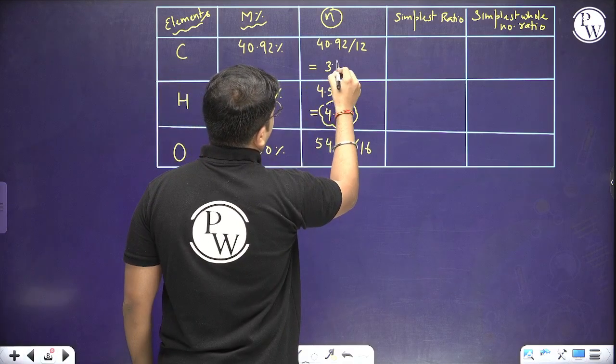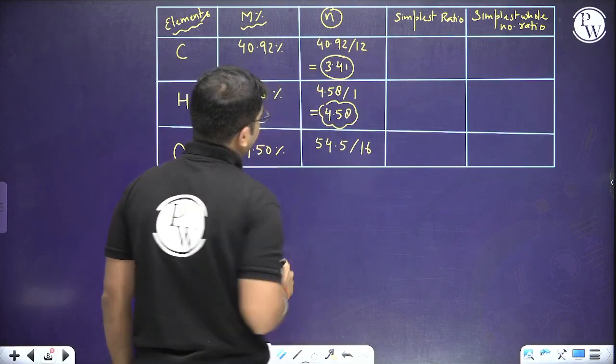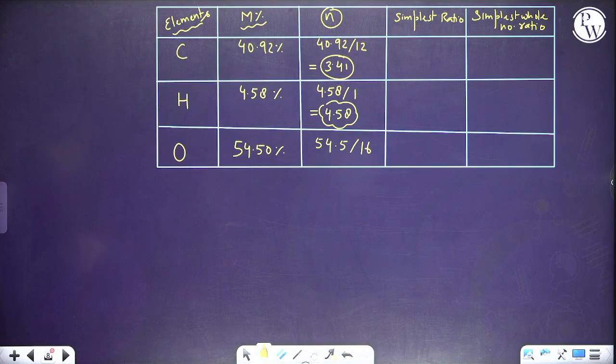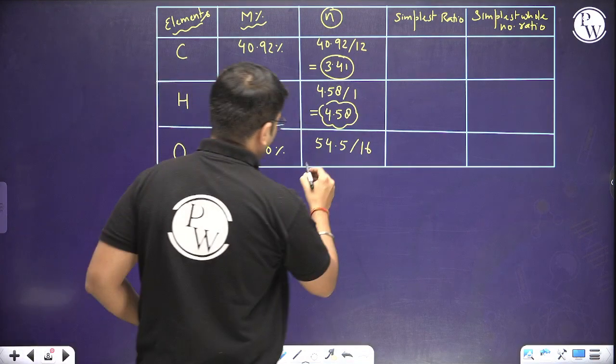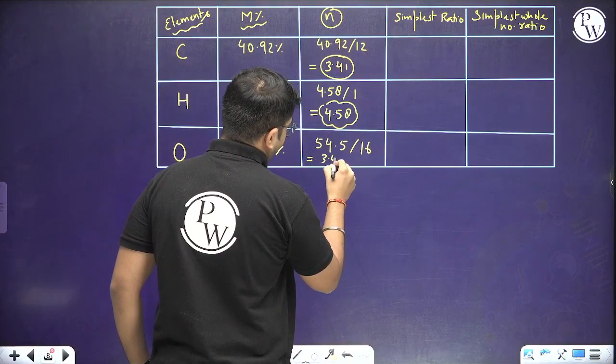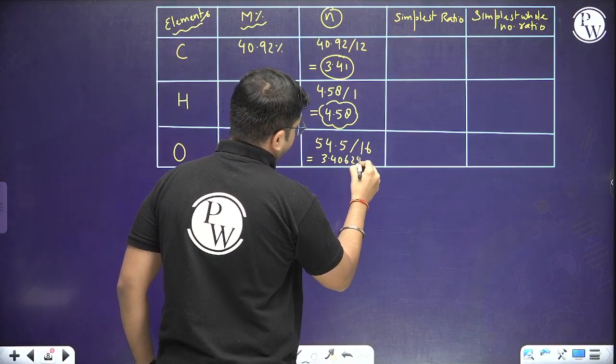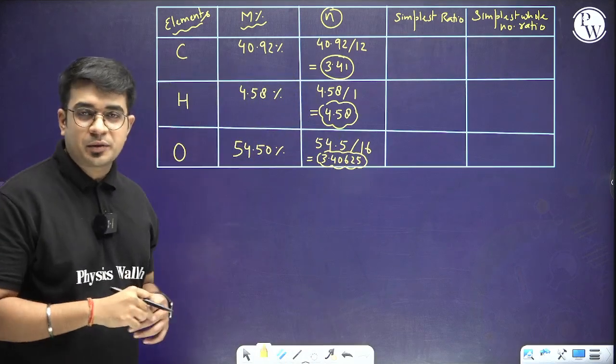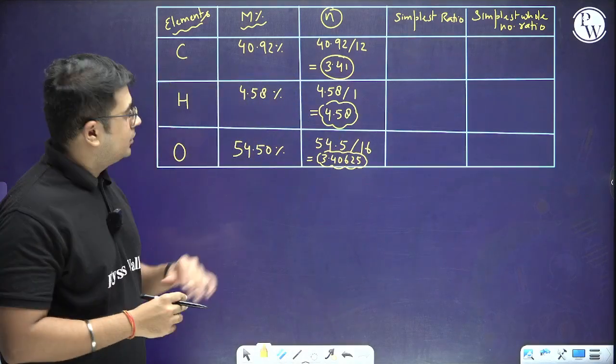Now for the last part, we have 54.5 divided by 16, which is 3.40625. So this is the final value. Sorry, I'm doing this calculation very fast because we have a limited time frame, but you can solve it by yourself.